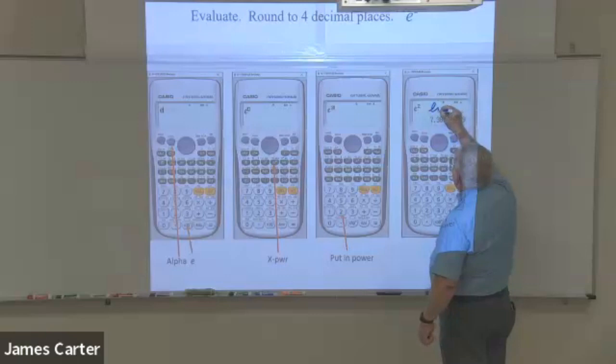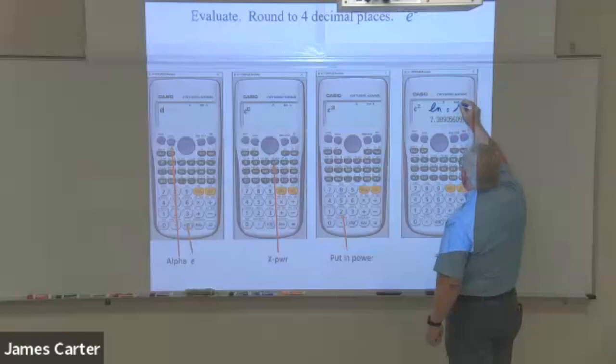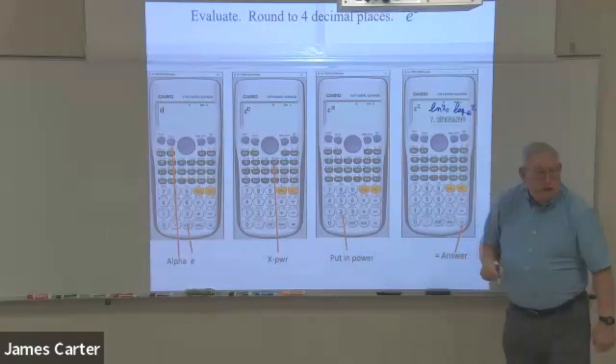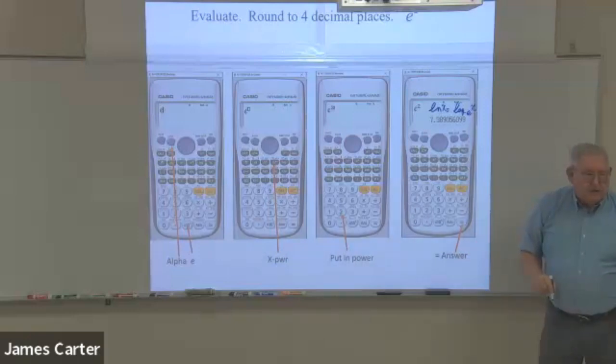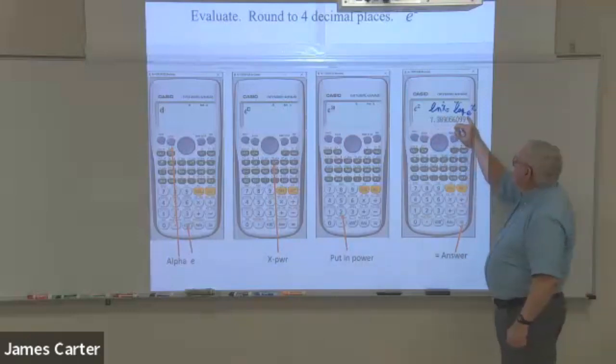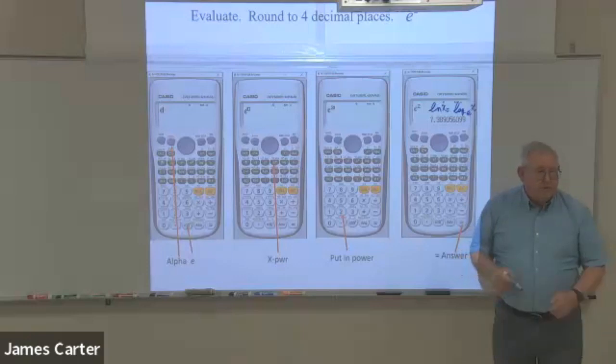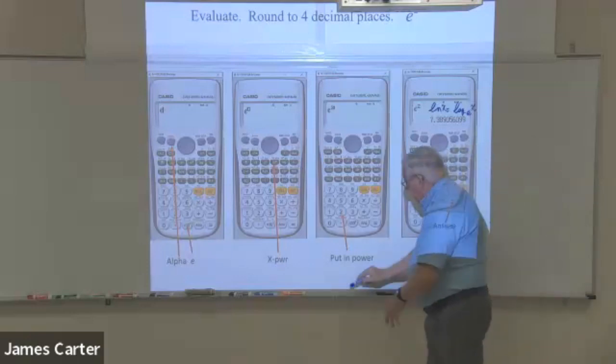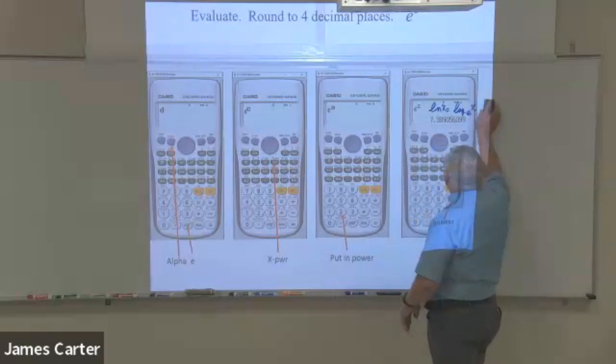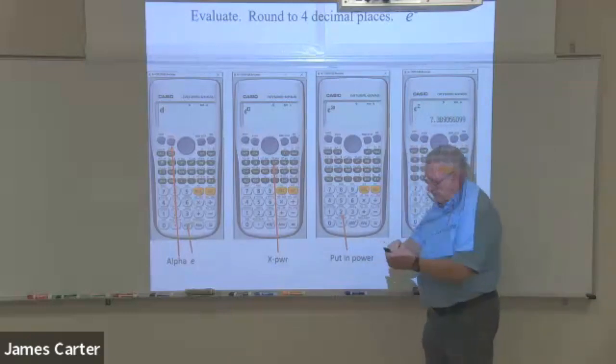Natural log, ln, is the same thing as log base e of x. Those two are equivalent statements. So this pulls up an e, but it isn't necessarily the e key in its own self. I hope that explains that well enough.